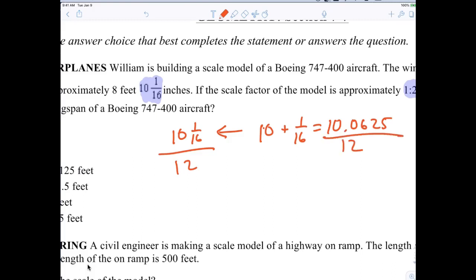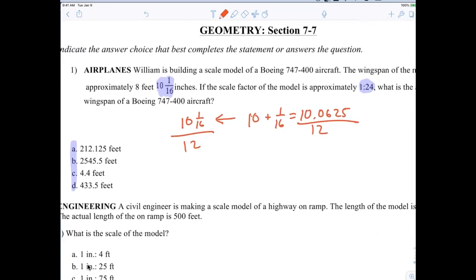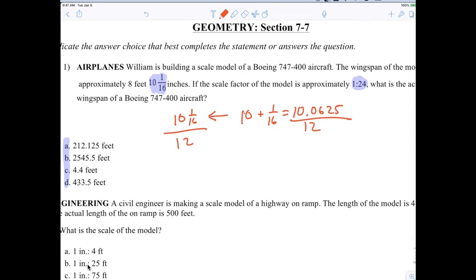Divide that by 12, guys. And then your total would be 8 point what? Just give me the whole thing. 8.3854, like this? Is this what you're saying? No, 0.838. Oh, 0.838.